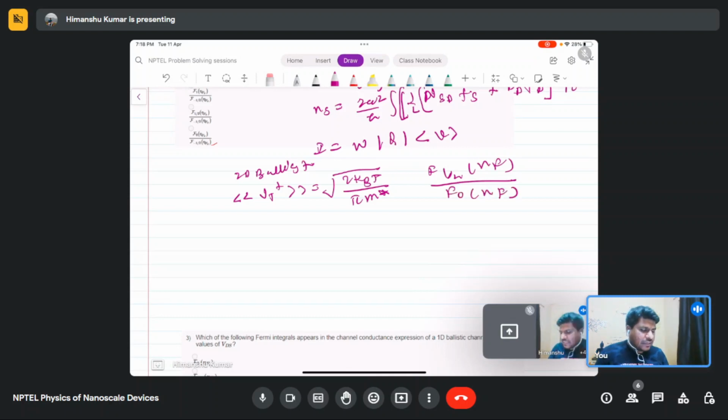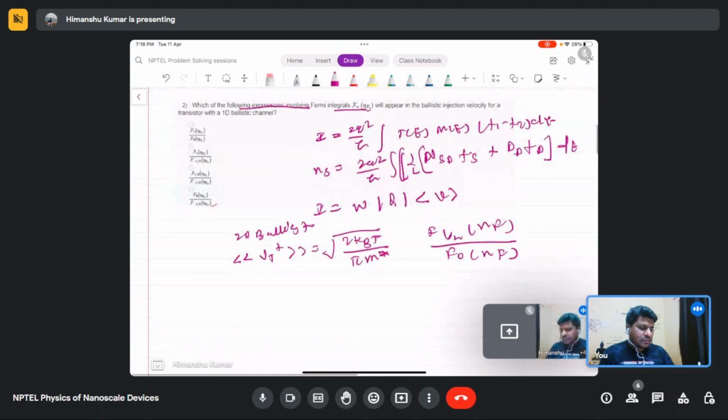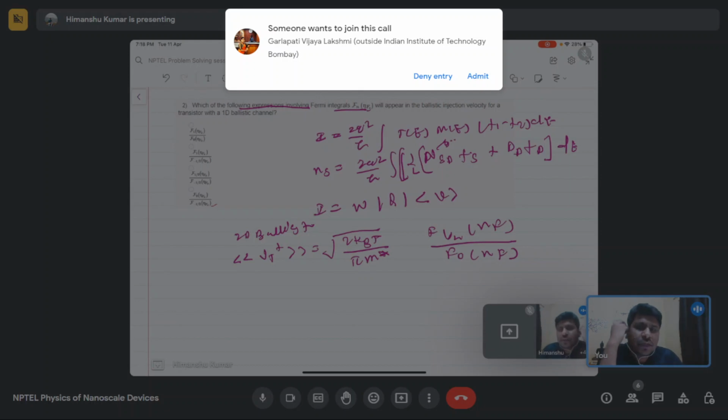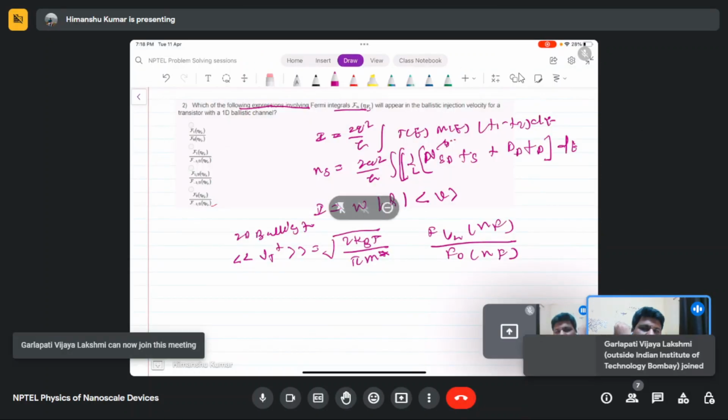Basically, in the case of 2D ballistic MOSFET, since the density of states is independent of energy, this integral will come out as a Fermi-Dirac integral of zeroth order in the denominator.